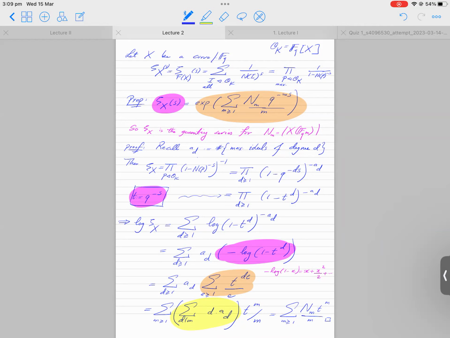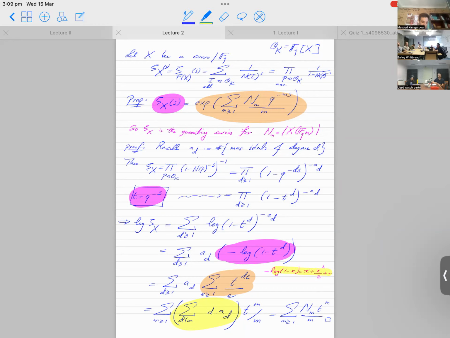One contribution coming from the expansion of log, so from the Taylor expansion of log, and the other one is coming from the Galois orbits. So they're both contributing to this denominator m. So if you meditate on this computation, you will see the contribution of both of them.